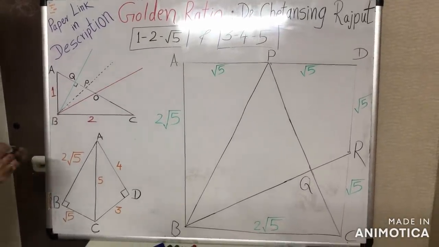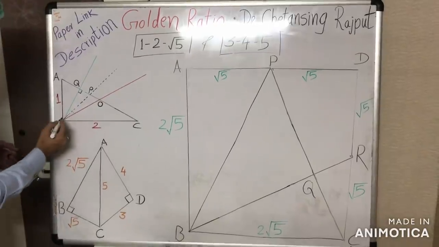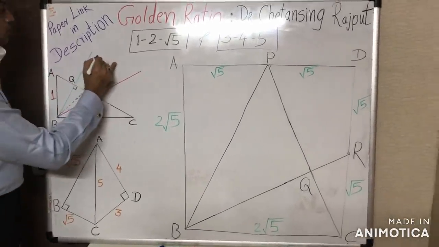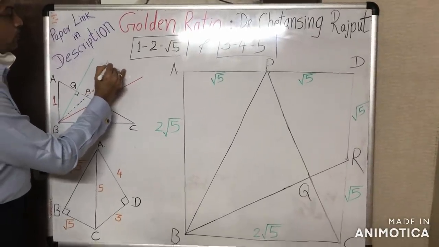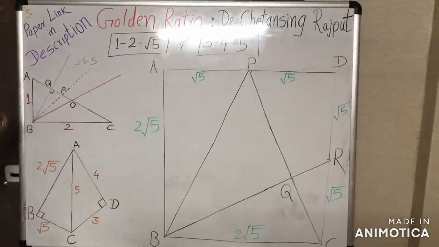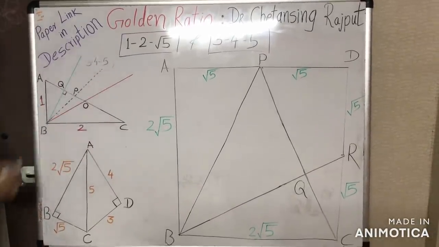Now, interestingly, this triangle formed here, BOQ, is a 3, 4, 5 Pythagorean triple.